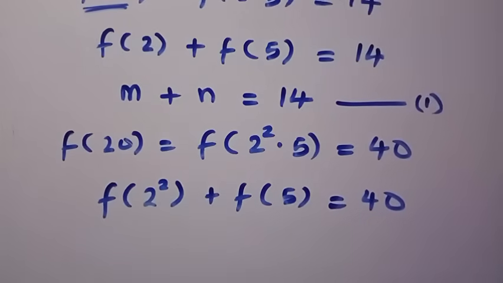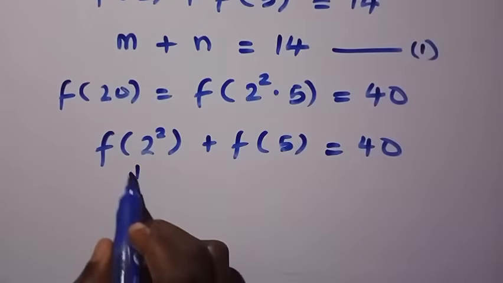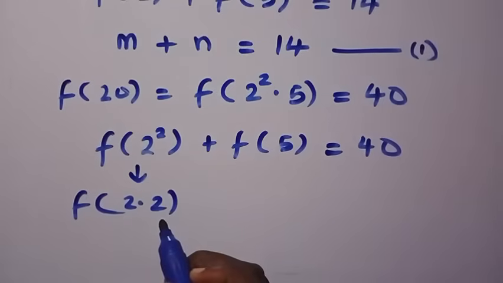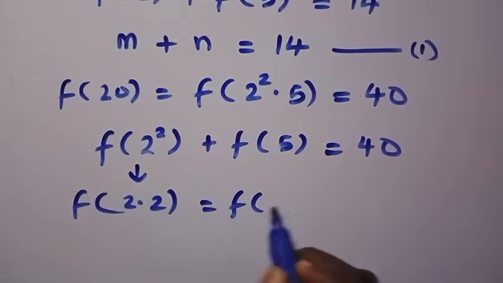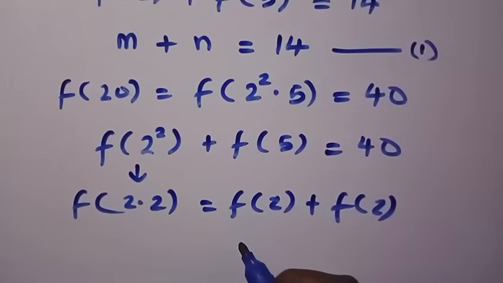But f of 2 squared, when we apply the same formula, is f of 2 times 2, which is f of 2 plus f of 2.